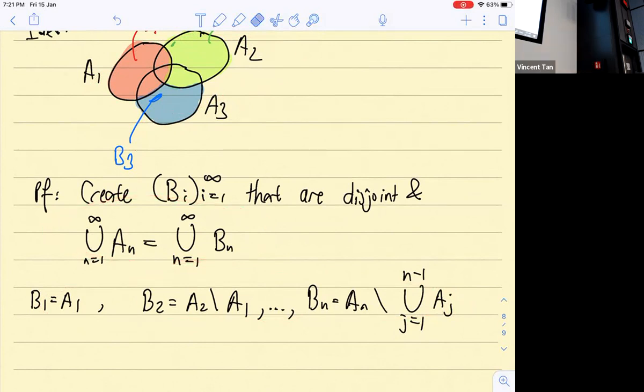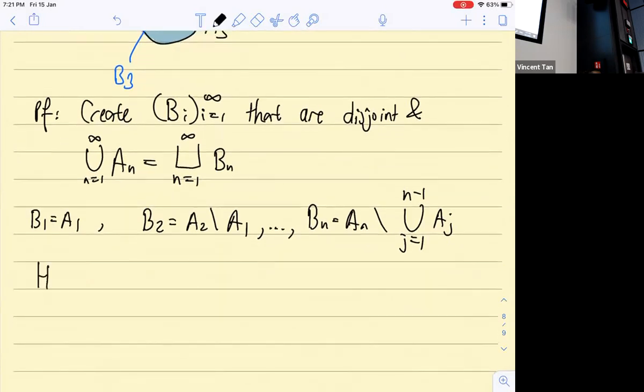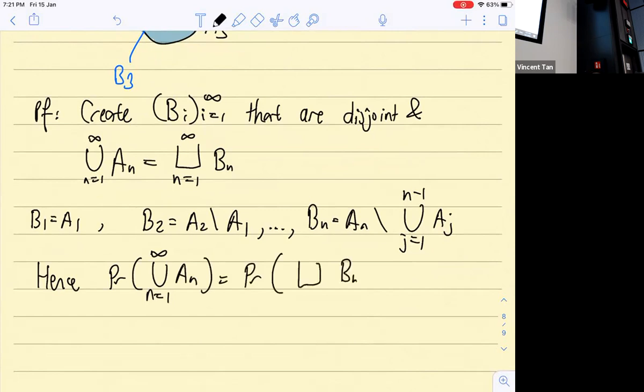Okay, now with this, we can actually change this to a disjoint union. Because the B's are disjoint, I can use this notation. So hence, the probability of the union of A_n, n running from 1 to infinity, is equal to the probability of the disjoint union of B_n, n running from 1 to infinity. Aha, what can I do now?